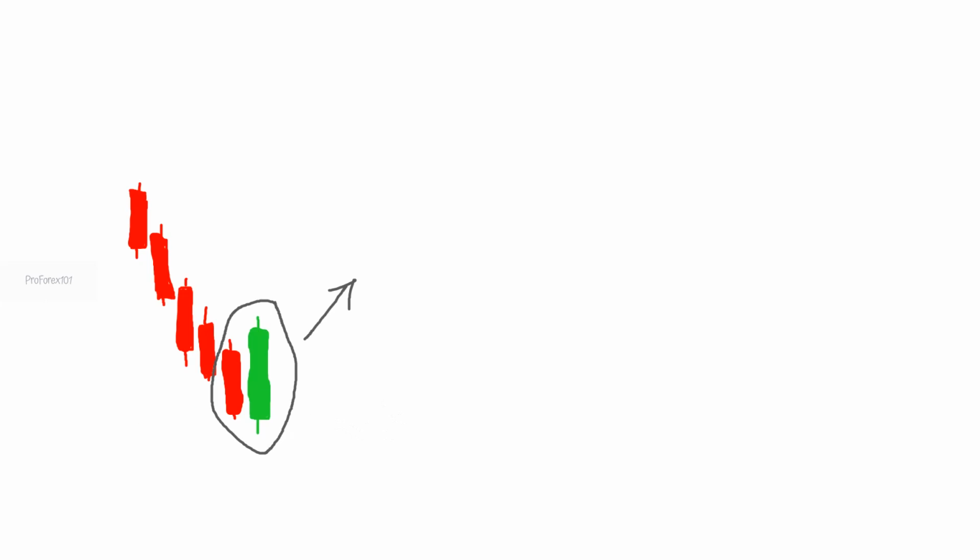I will draw you an example of a failed engulf, a bullish signal where it doesn't engulf. I'll draw this whole signal again here, something that will not work. So you'll have your bearish candle.